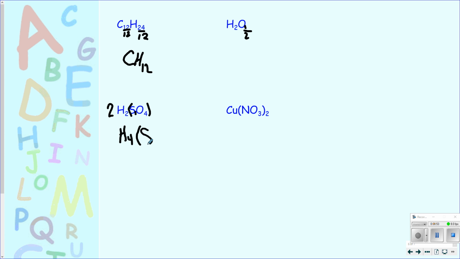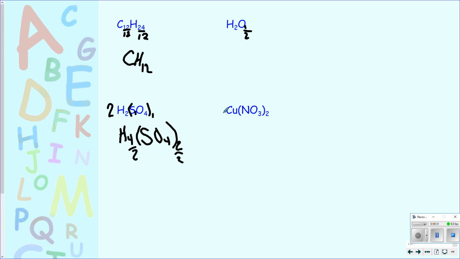We're going to talk more about that need in the next video. And the 2 can go outside of the parentheses because this is understood to be a 1. Because polyatomics, SO4, we can't change it. We cannot touch it, but we can put parentheses around it and change it on the outside. So now we've just changed our empirical formula to a molecular formula. So we go back and reduce that, you bet we could divide by 2 and get that same formula back that we had before.